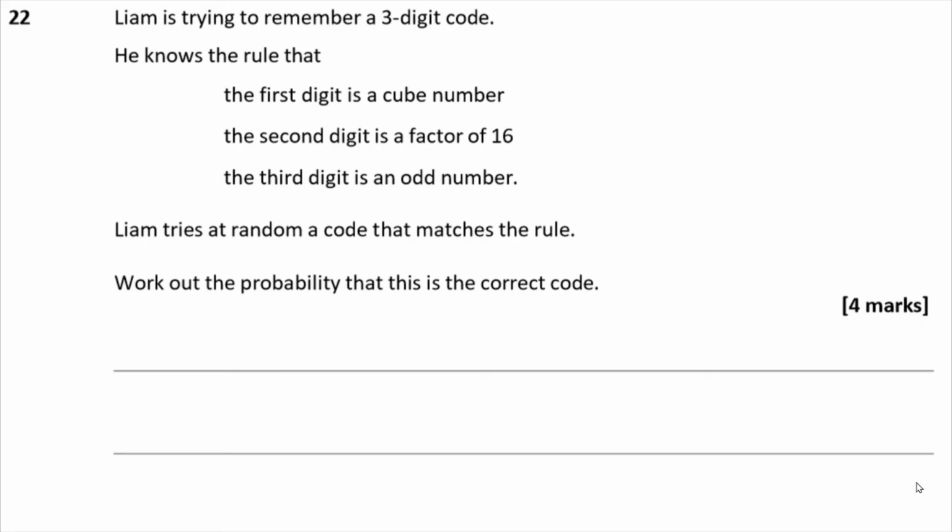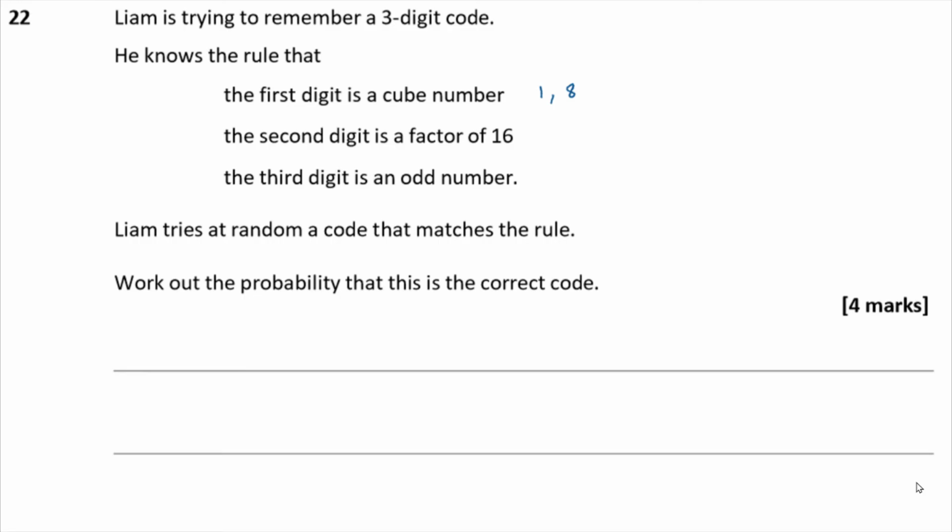Okay. Well, let's think about what possible numbers he could pick from. So the first digit is a cube number. 1 cubed is 1. 2 cubed is 8. 3 cubed is already too big, isn't it? It's 27, so that's not a 1-digit number. So the first digit is either a 1 or an 8, isn't it?